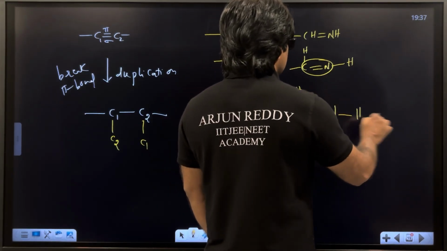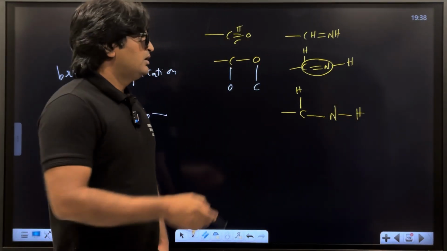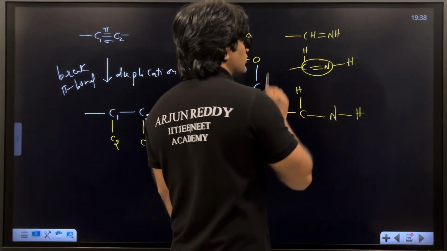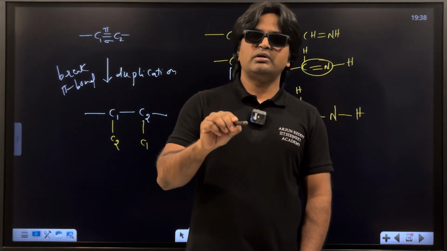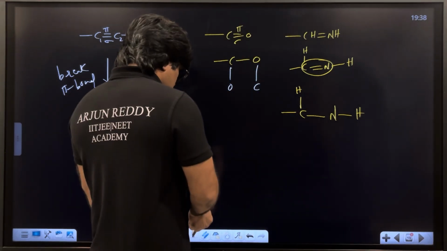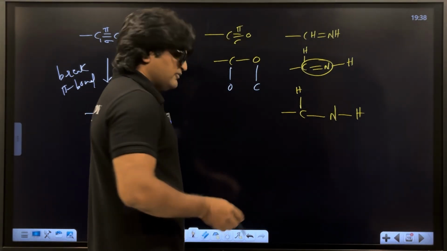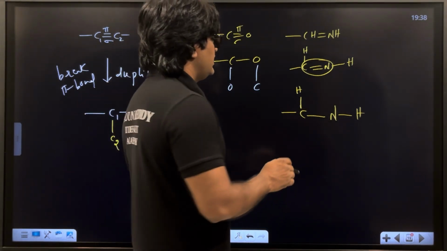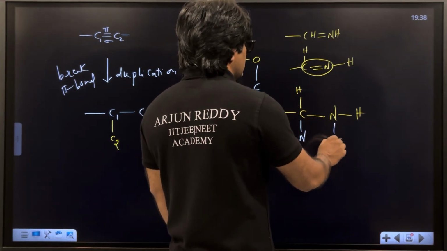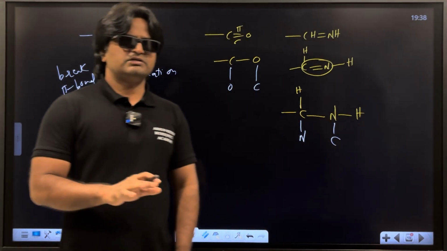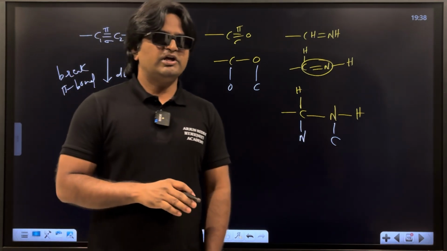The directly connected atoms are only carbon and nitrogen. If you want to apply duplication, first you break the pi bond, and after breaking the pi bond, nitrogen is connected to carbon and carbon is connected to nitrogen. That's it. So that is a way of applying the duplication process.